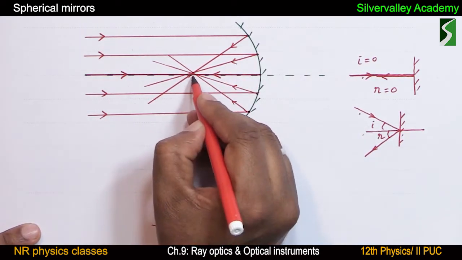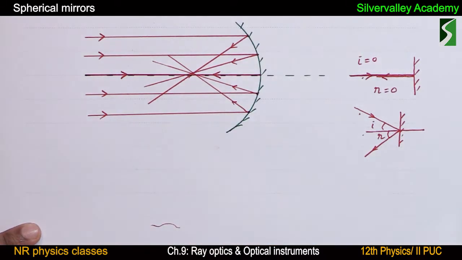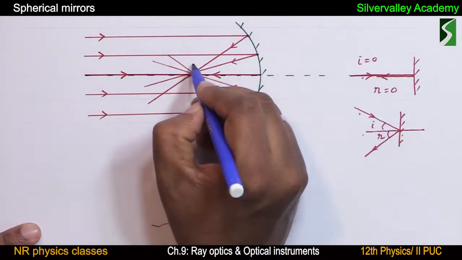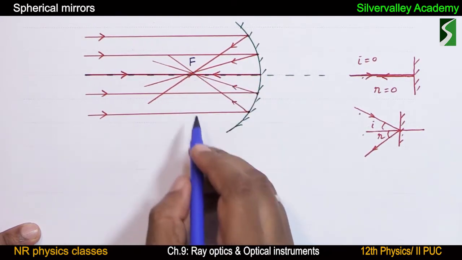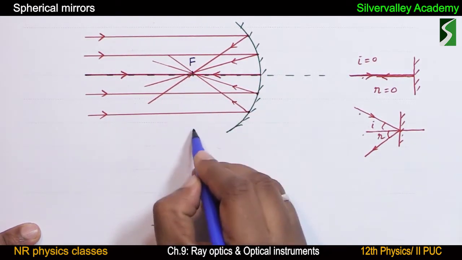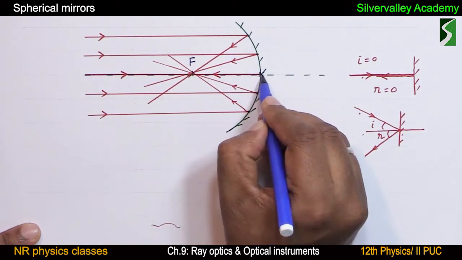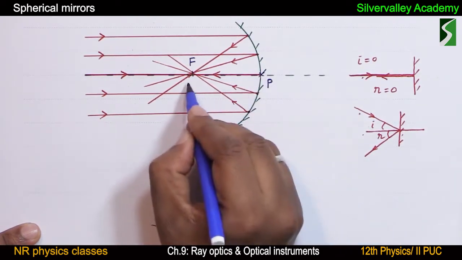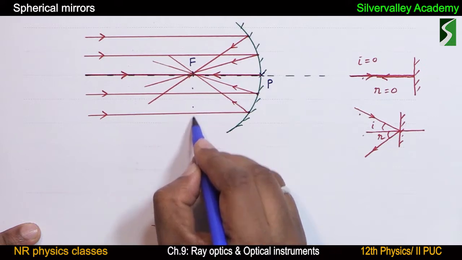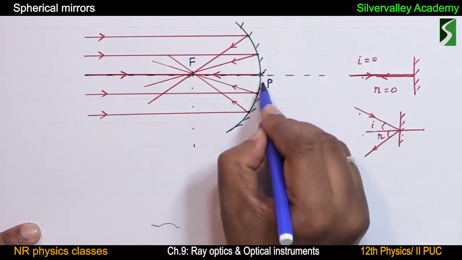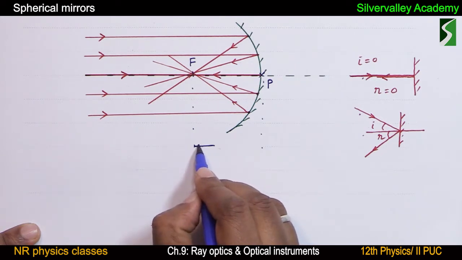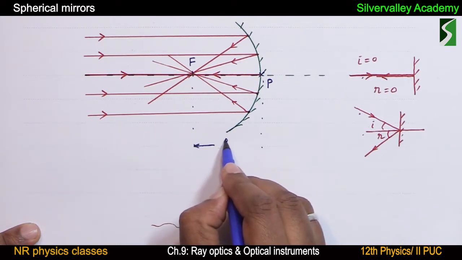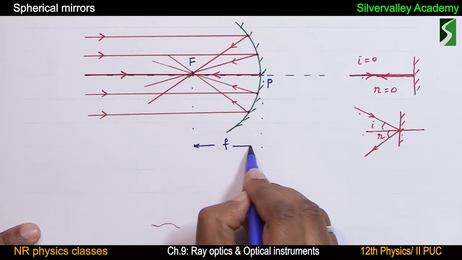So this point on the principal axis is the focus, denoted by capital F, and the distance of the focus from the pole, this point is the pole, the distance of the focus from the pole is called focal length. So this is focal length denoted by small letter f.